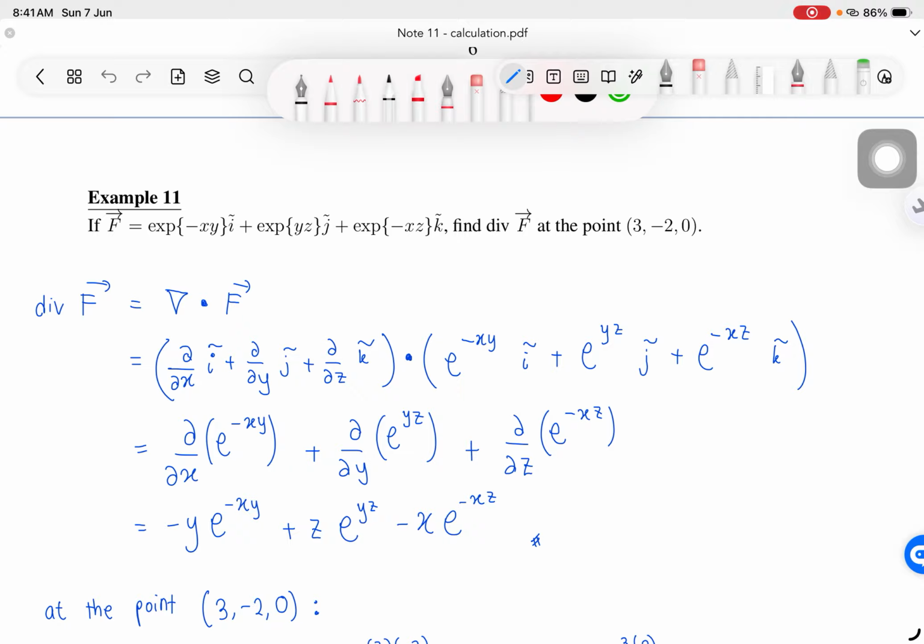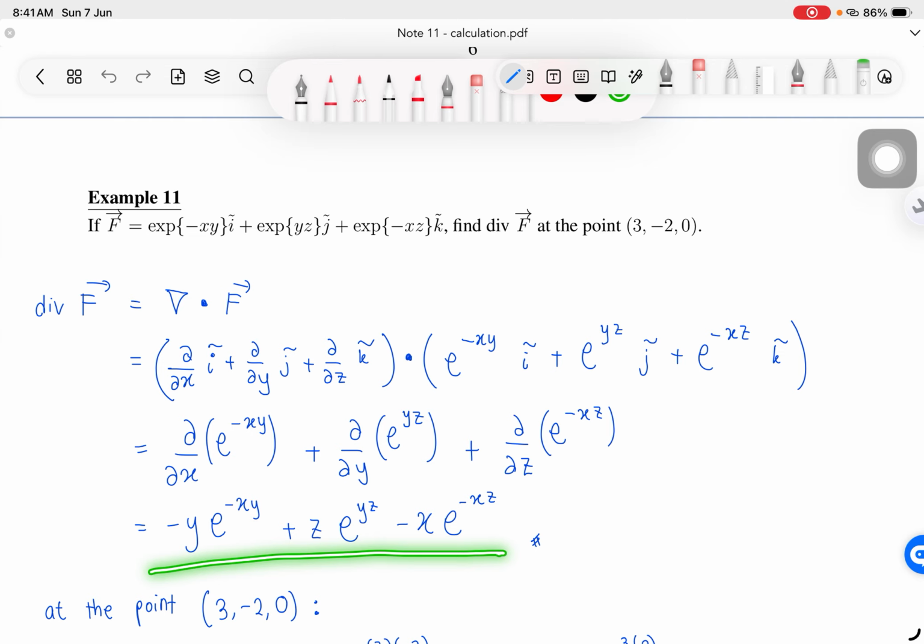When you perform the dot product, remember I multiply with I, J multiply with J, and then K multiply with K. So meaning that you're going to get this one. So you need to differentiate, and when you differentiate, you obtain this one as your answer.